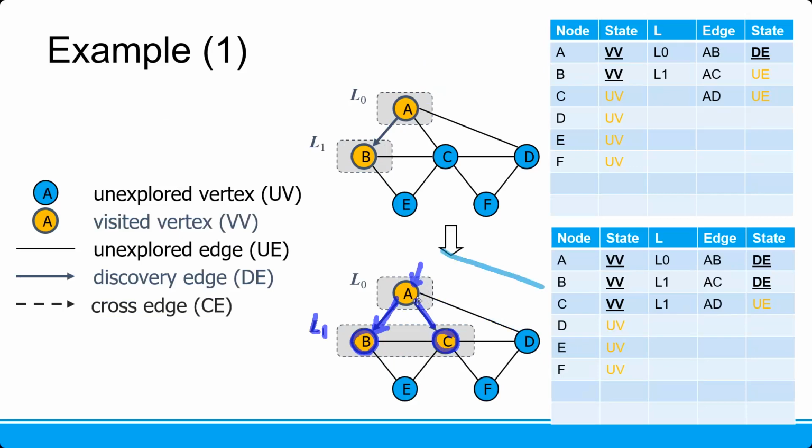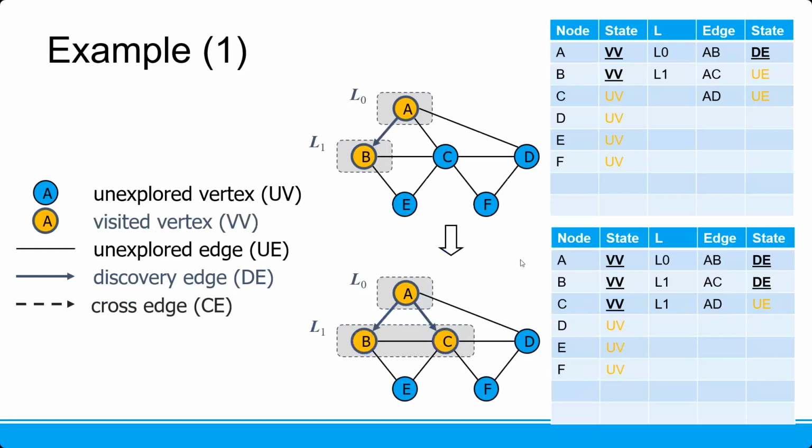Now we check the incident edges. Because C is unexplored, and this edge is also unexplored, C will be marked as visited, and AC is a discovery edge. We have AB and then AC.